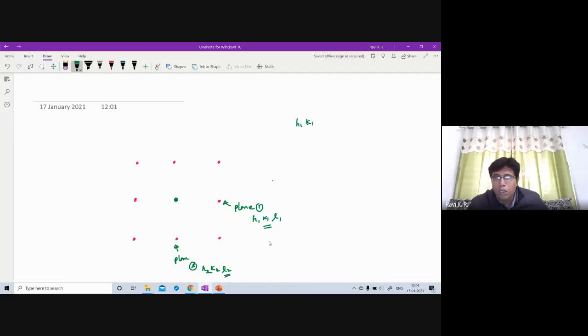H1, K1, L1 is not known to us. H2, K2, L2 is not known to us. So what you can actually measure is, you can measure this in a normal scale itself.